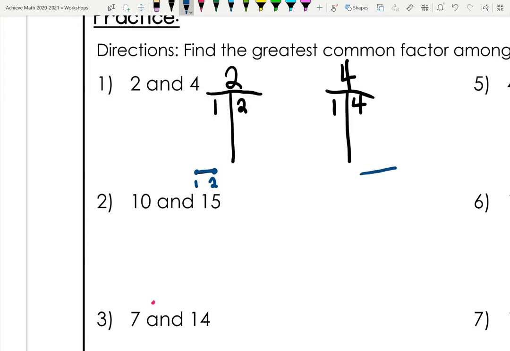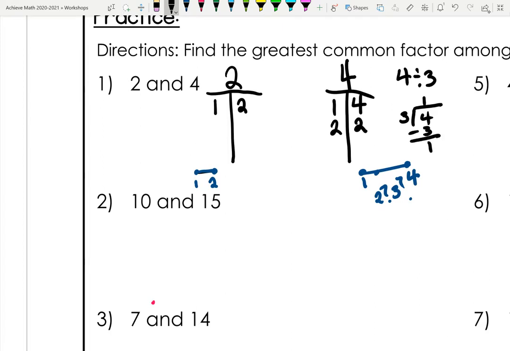Here, look at the numbers between 1 and 4. That means I have to check, does 2 work? Does 3 work? And the answer is 2 is the only one that works. When I do 4 divided by 3, this turns into an answer with a remainder, which means it is not divisible. 3 does not divide 4 evenly.